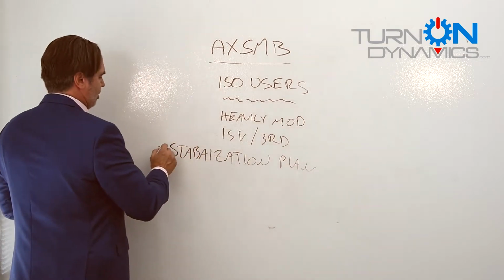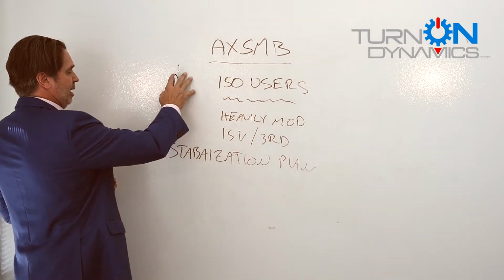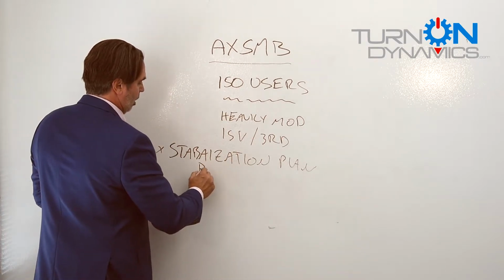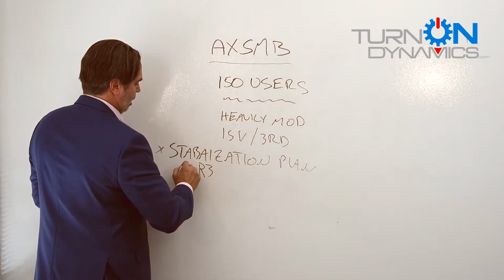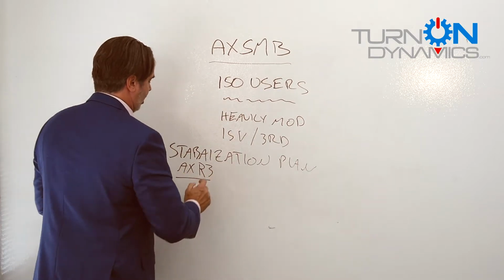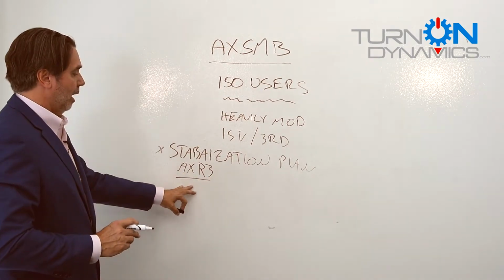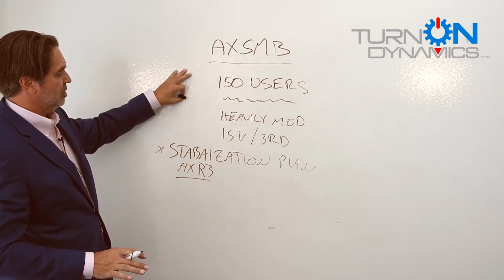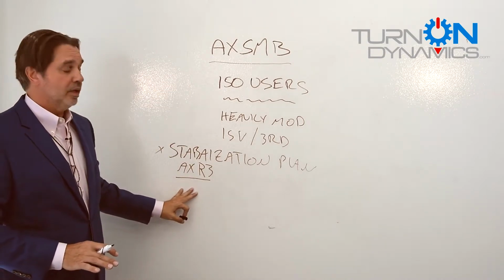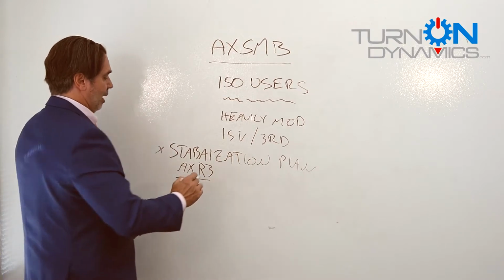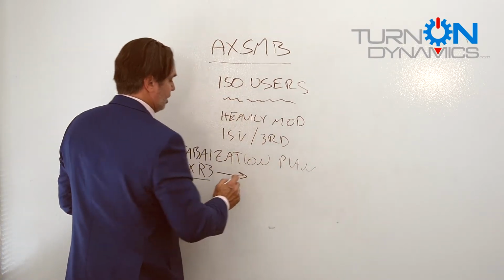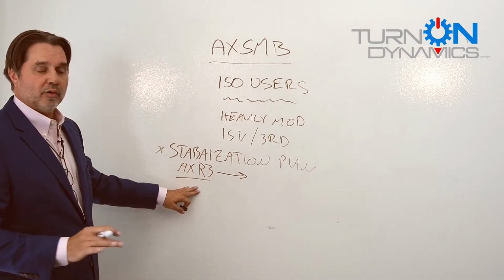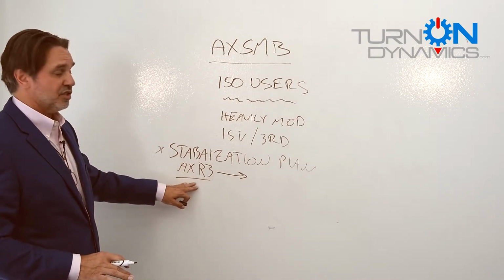What I mean by the stabilization plan is we take their current version of AX and move it up to R3, AX R3, which is the latest and greatest version, and try to dump as many of the modifications that they've made to their existing software and get them to run vanilla AX. So now you're going to have a period of time where you can take advantage of all of the great functionality that's available in AX R3.